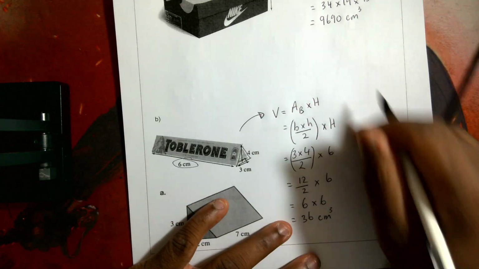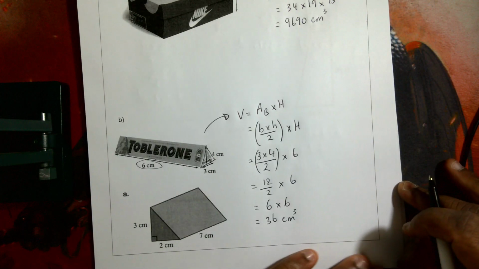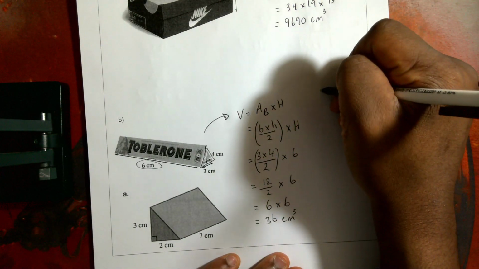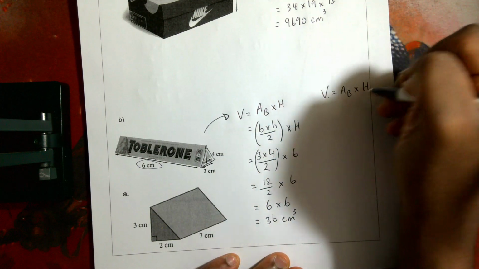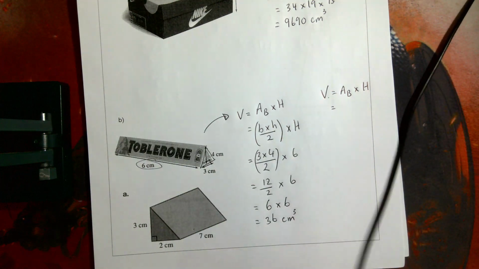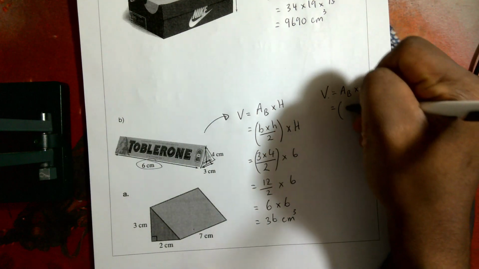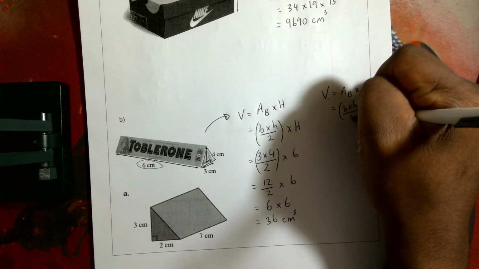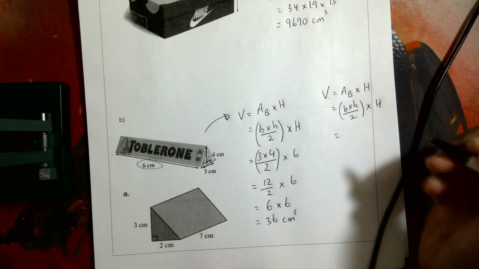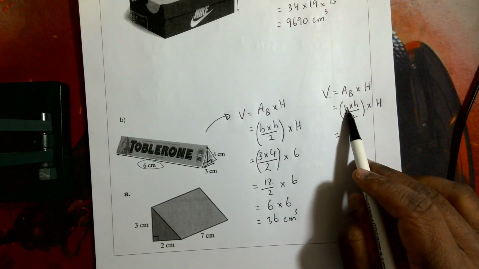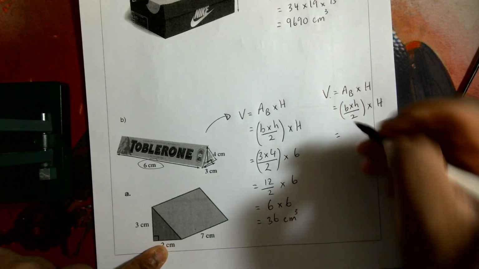For our second triangle, again we're going to have V equals area of the base shape times height. Again, the base shape is a triangle, so we're going to have base times height divided by 2 times the height of the shape. The base of our triangle here is 2.